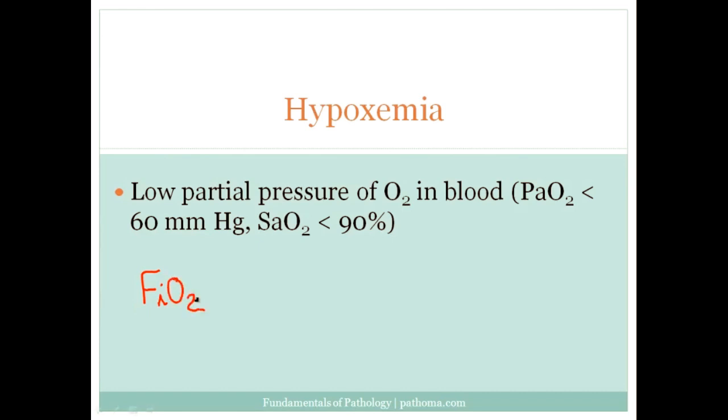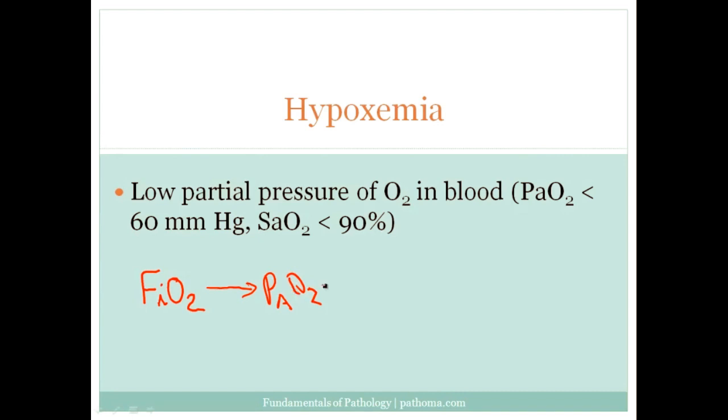This is the fractional percentage of oxygen within the atmosphere. And the goal of the lungs is to bring that FiO2 into the alveolar air sacs and to create something called the PAO2, the partial pressure of oxygen within the alveolar airspace.